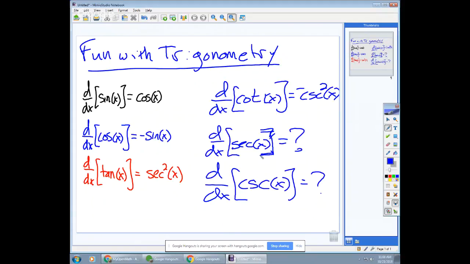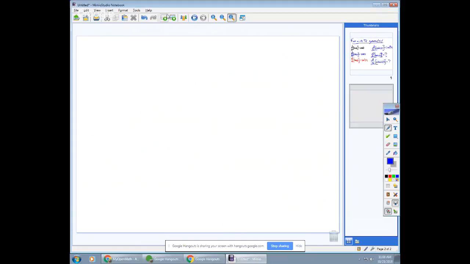All right, so let's take a look at the cotangent. And we'll fill in the rest of that chart. So derivative of cotangent. For me, I find it helpful in trigonometry to go back to sine and cosine. So cotangent is equal to what in terms of sine and cosine?